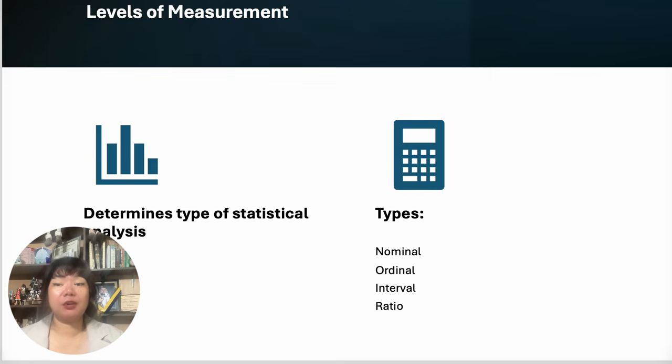How about sa interval level? So data have ordered categories with equal distances between values but no true zero. Wala sang true zero. So for example, temperature in Celsius or Fahrenheit. Sa IQ scores, calendar, let's say sa calendar years, example 2000, 2025.